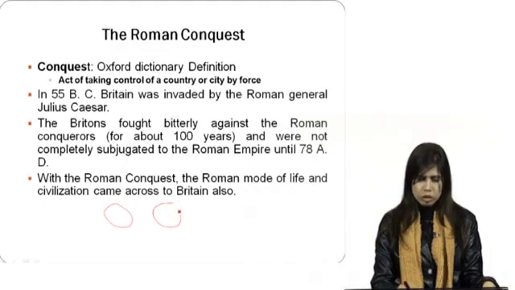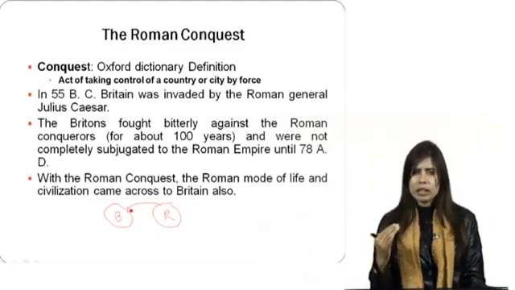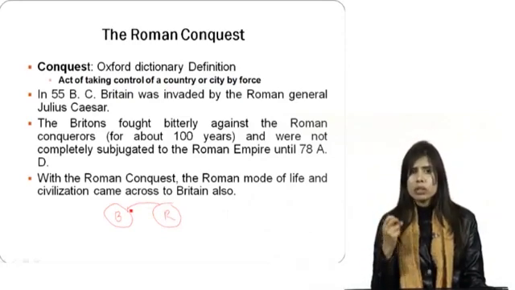These are the Romans and these are the Britons. So when they conquered Britain, definitely they had come up with their proper language, with their culture, with their tradition, and most importantly their religion.